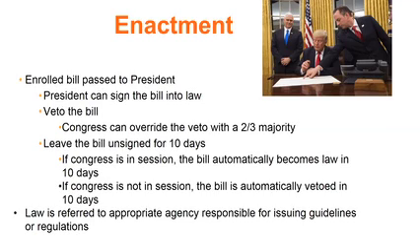If Congress is in session, the bill automatically becomes a law. If they're not in session, it actually automatically gets vetoed. So isn't that interesting? If it is approved, the law is referred to whatever agency would be responsible for issuing the guidelines or regulations.